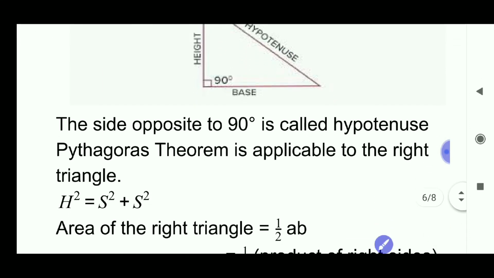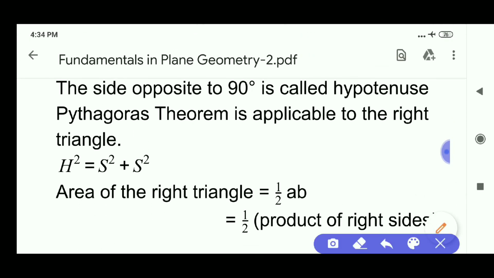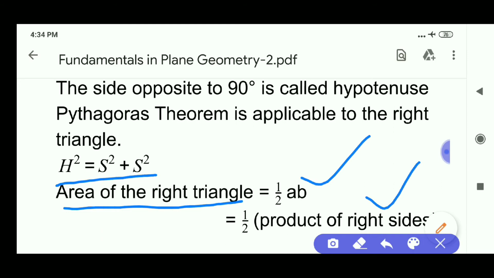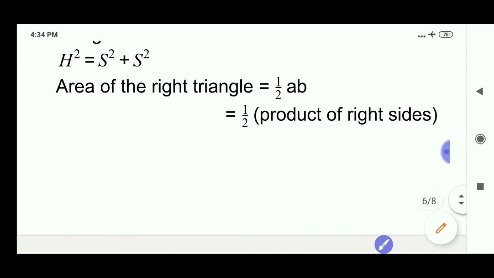Pythagoras theorem is applicable to a right triangle. What is the theorem? Hypotenuse square is equal to side square plus side square. Area of triangle: the formula is half into AB, that means half into the product of the right sides.